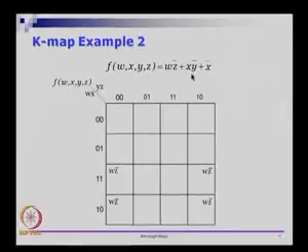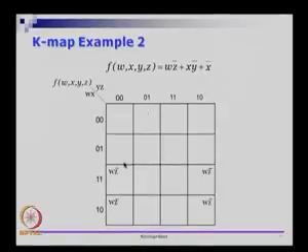Now let us look at the middle term XY bar. For XY bar, we want X to be on and Y bar to be on, or X to be on and Y to be off. Where is X on? X is on in these 2 rows in the middle, right? And we take the intersection with wherever Y is off, that is this column and this column. So the intersection of these 2 rows and these 2 columns gives me these 4 cells.